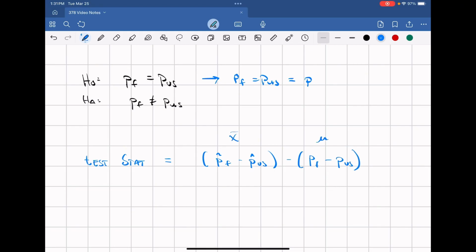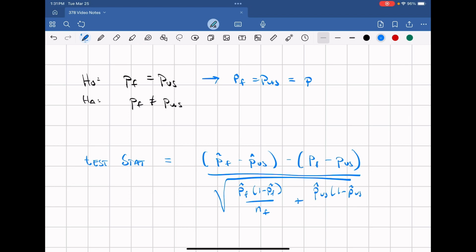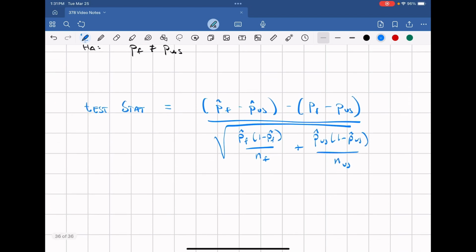Here's X bar minus mu, so it should be similar to that. Divided by the square root of P hat F times 1 minus P hat F over NF, plus P hat US times 1 minus P hat US over N US.